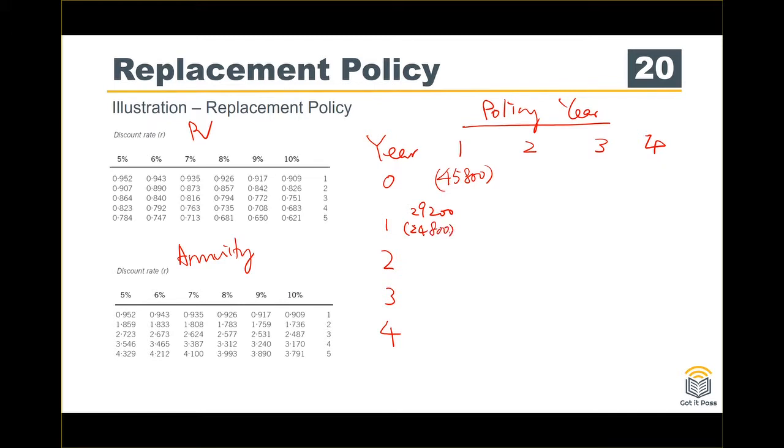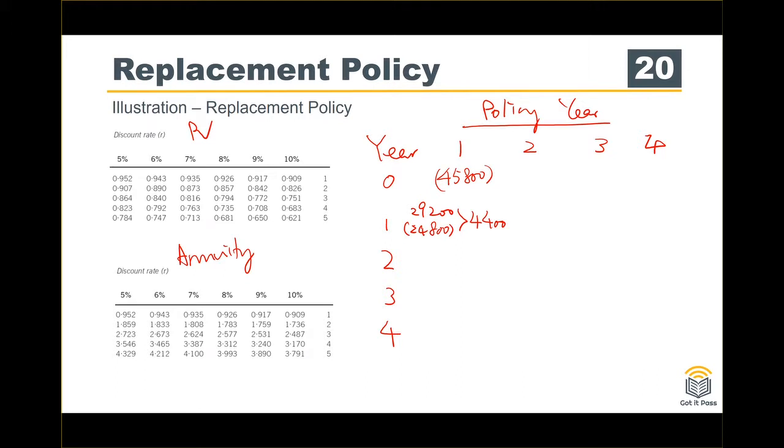We assume all expenses are paid at the end of the first year. It is also an unrealistic assumption, but we made this assumption because we like to make life easy for us. So the net is 4,400. That's the policy.